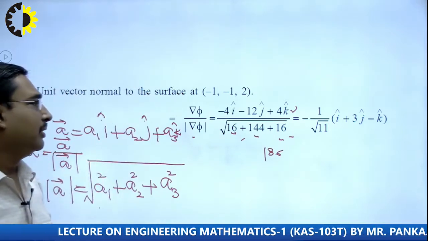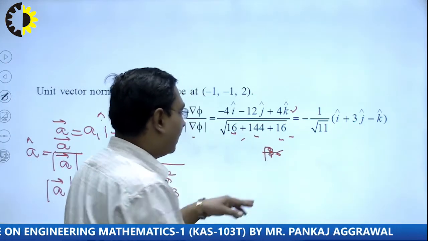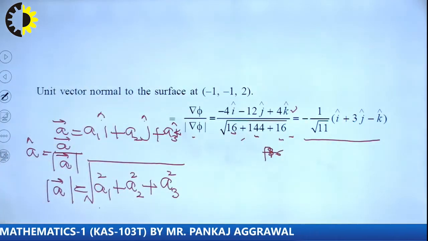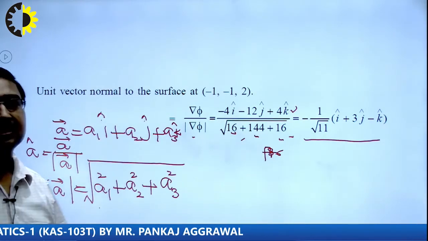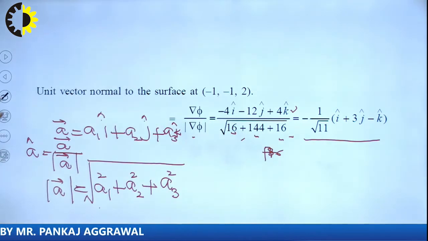Simplifying, I will obtain the value minus 1 by root 11 i cap plus 3 j cap minus k cap, which is the required unit normal vector to the given surface at the given point.